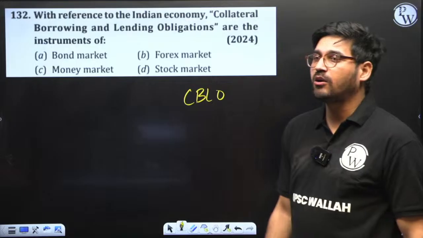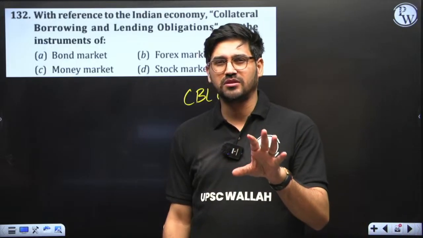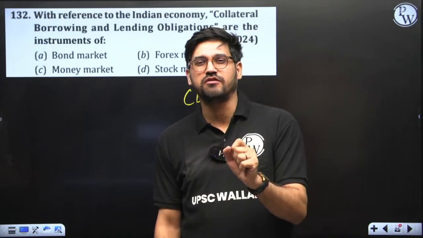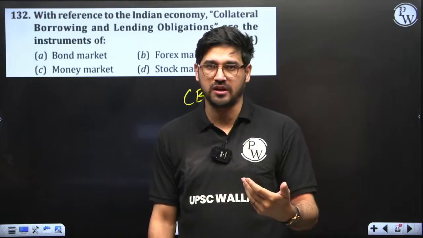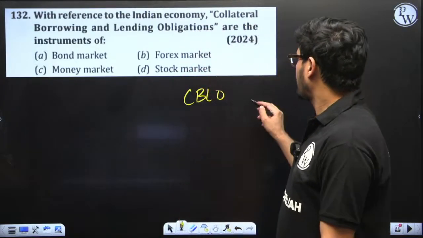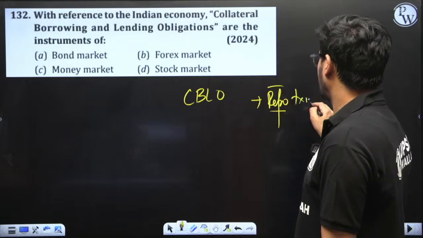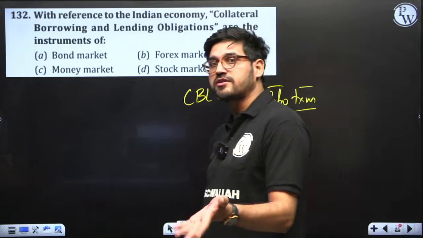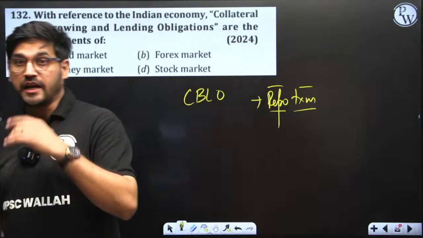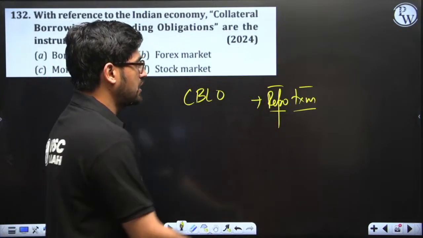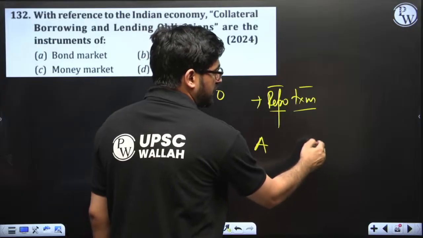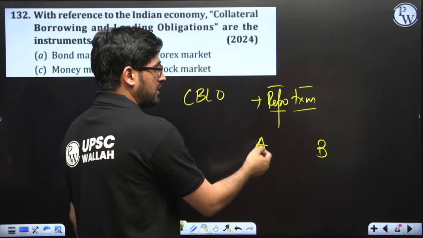Now, CBLOs essentially are market transactions which very much resemble what are called repo transactions. Repo transactions are such transactions where there exists a repurchase obligation. In a repo transaction, party A wants funds from party B. So what does party A do?